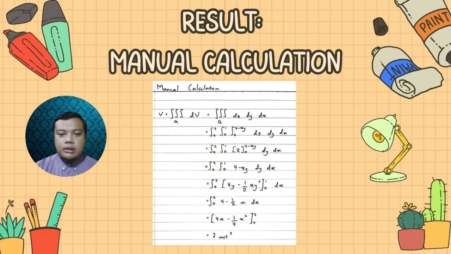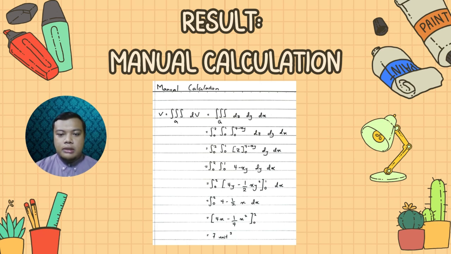The limit of integration for x is 0 to 2, the limit for y is 0 to 1, and the limit for z is 0 to 4 minus xy. For the first integration, with respect to z, the value we get is 4 minus xy.